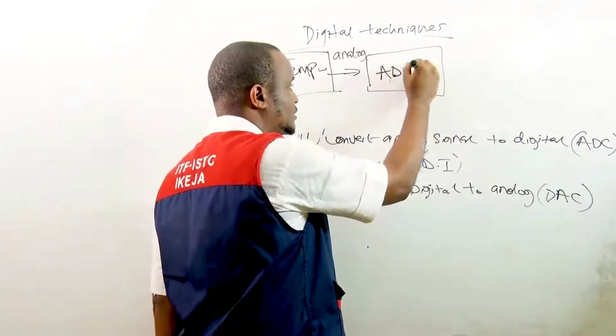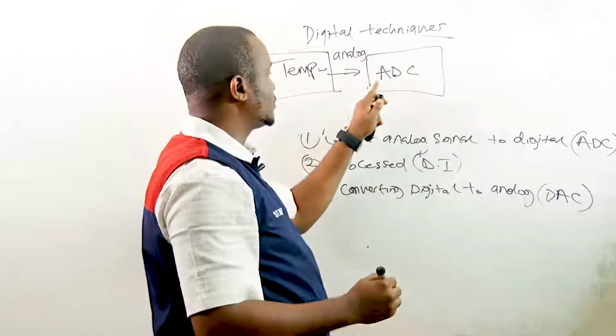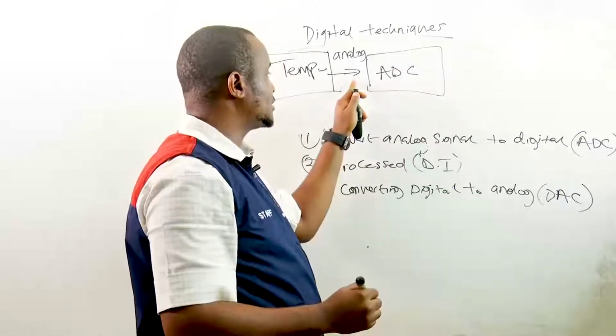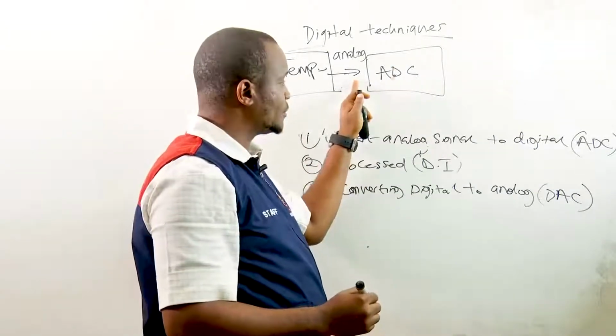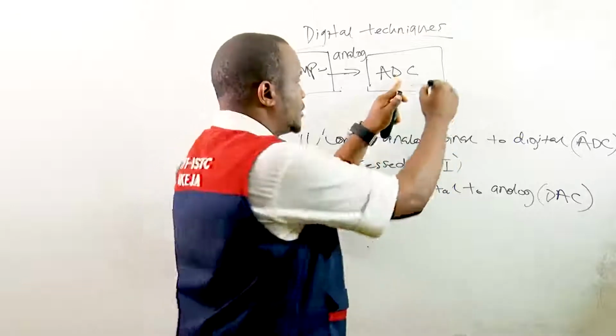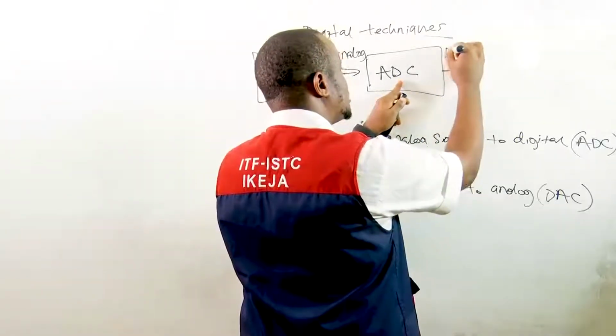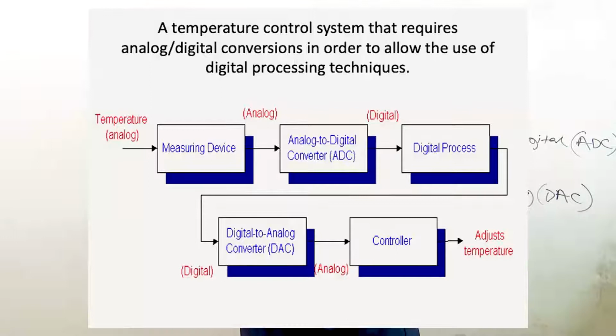So the analog to digital converter will convert these analog signals to digital. So the output here will be digital. Then the next stage is to process this signal. So we now process, we call this digital process.